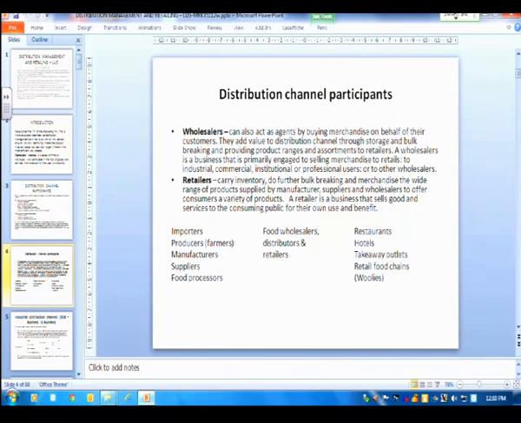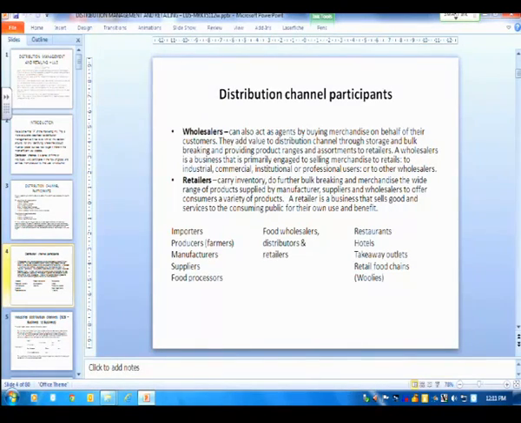Whereas retailers carry inventory to further bulk break and merchandise the wide range of products supplied by manufacturers, suppliers and wholesalers, to offer consumers a variety of products. A retailer is a business that sells goods and services to the consuming public for their own use and benefit.